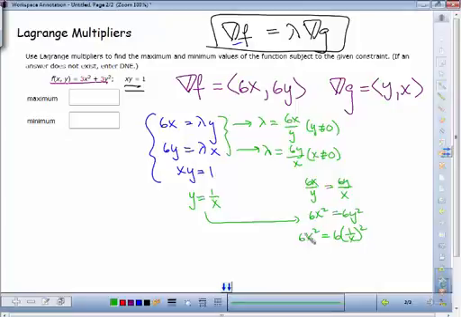Oh yeah, we can take the 6 out, that might be helpful. It looks like we get x to the 4th equals 1. So it looks like our x could possibly be equal to plus or minus 1.